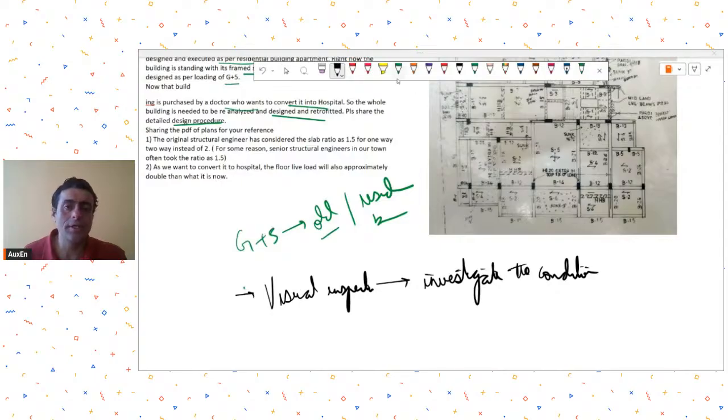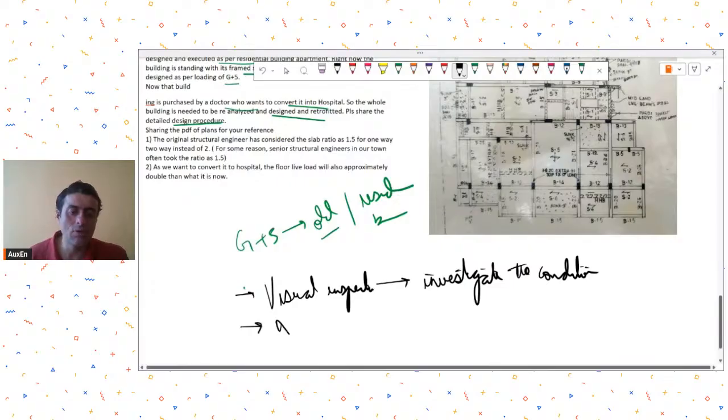If the condition is good, if visually you can see the columns and beams have no visible cracks, no visible spalling, no visible corrosion, and the structure looks robust and strong, then you may not need to do anything further. But if by visual inspection you are seeing a lot of cracking, a lot of signs of distress, then you may have to go for some sort of NDT.